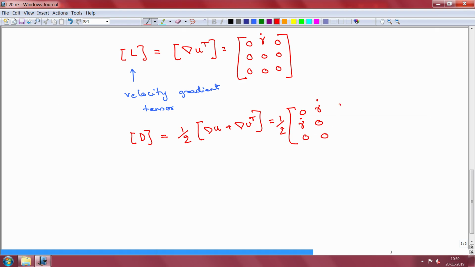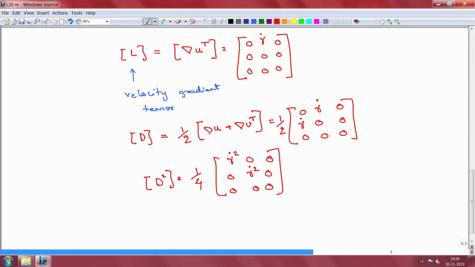The rest of the terms are going to be 0, and gamma dot is the shear rate for this entire system. You can quickly double check: you can calculate D squared, and you can see that it will be equal to gamma dot square 0 0 0 gamma dot square. And from this, if you calculate the generalized shear rate, you find that it is just gamma dot in this case.